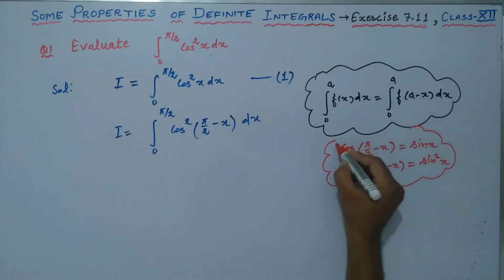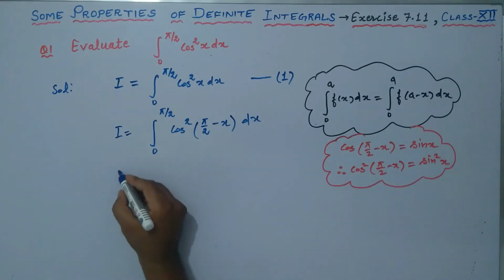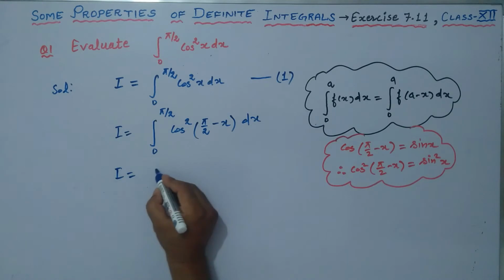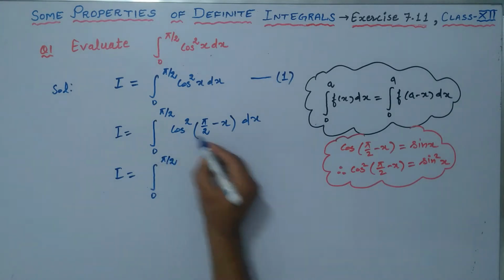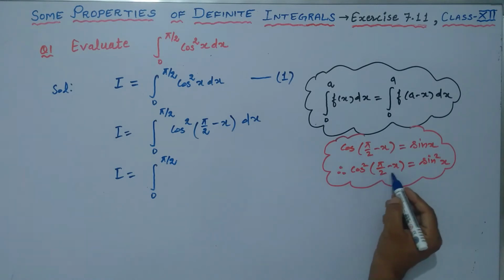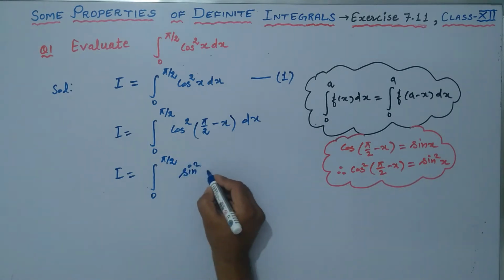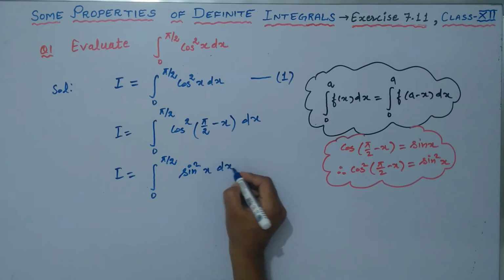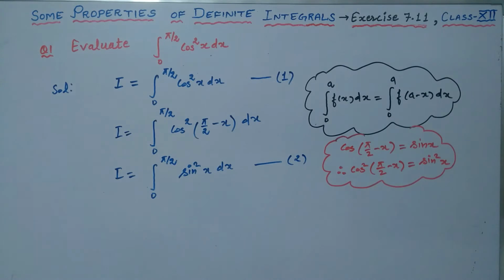Applying this rule, the question becomes I is equal to the integral from 0 to pi by 2 of sine square of x dx. Now suppose this is equation number 2.